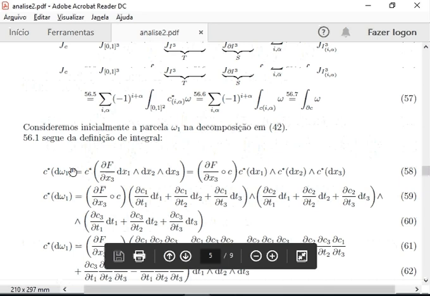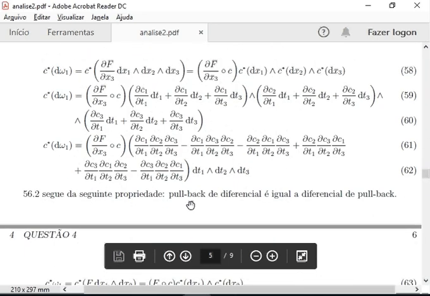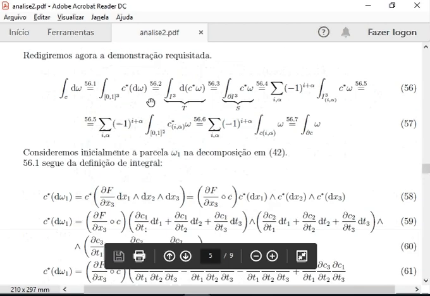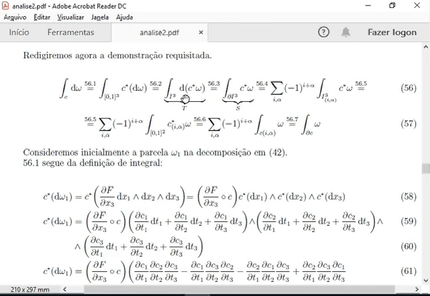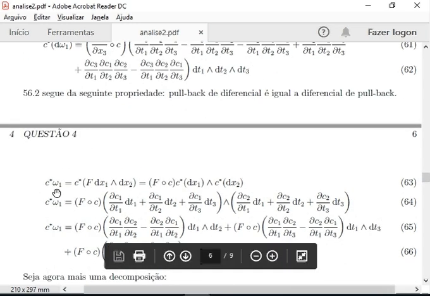The second equality: pullback of differential is equal to differential of pullback. Pullback of differential of omega is differential of pullback of omega. Explanation. Pullback of omega 1 is equal to pullback of x dx1 dx2.